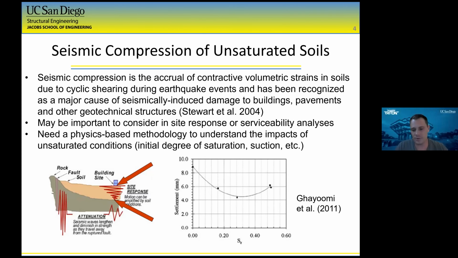Those pore pressures are going to drain after the earthquake event, and there could be some settlement. But for unsaturated conditions, it's going to be a mix of both of those mechanisms. And then we have the additional contribution of suction to the effective stress state that could provide some resistance. In this study by my previous student, Majid Ghayoomi, he observed that for some middle range of degree of saturation, he was seeing the lowest amount of seismic settlement.